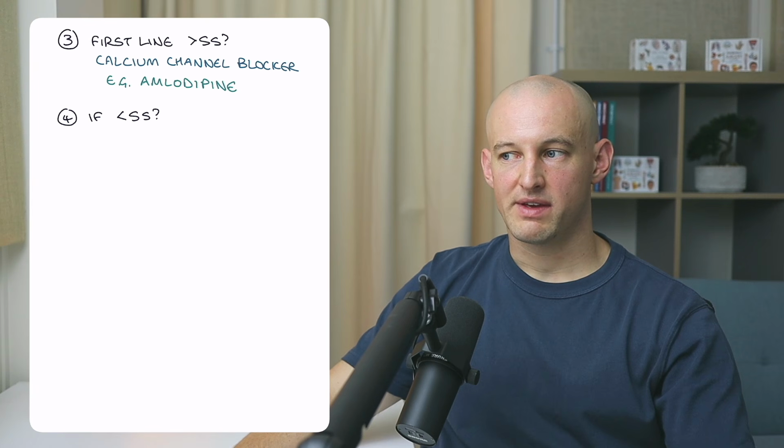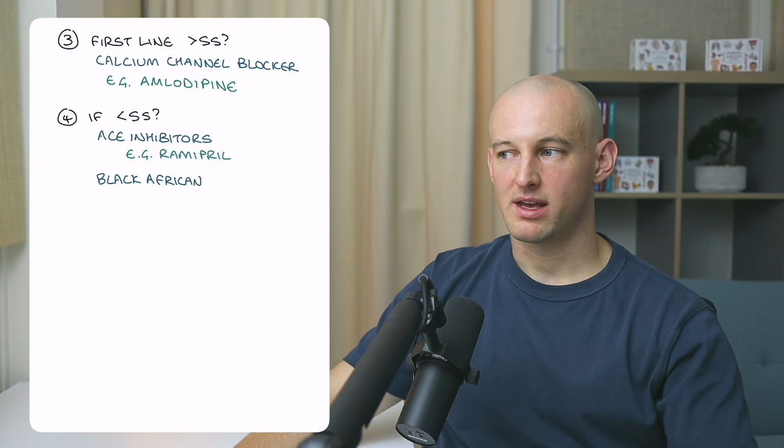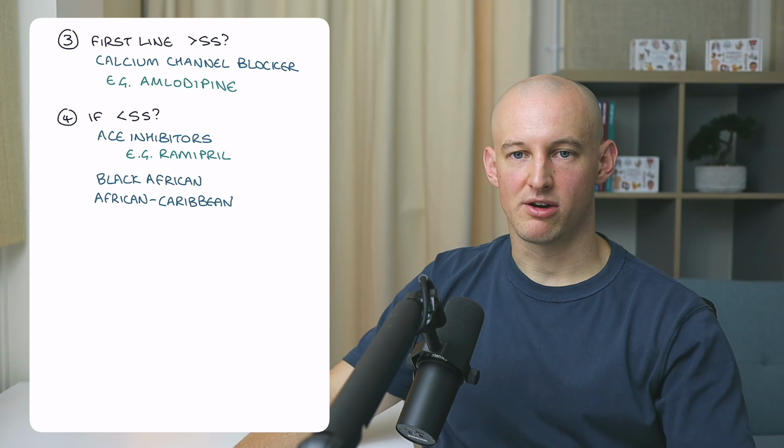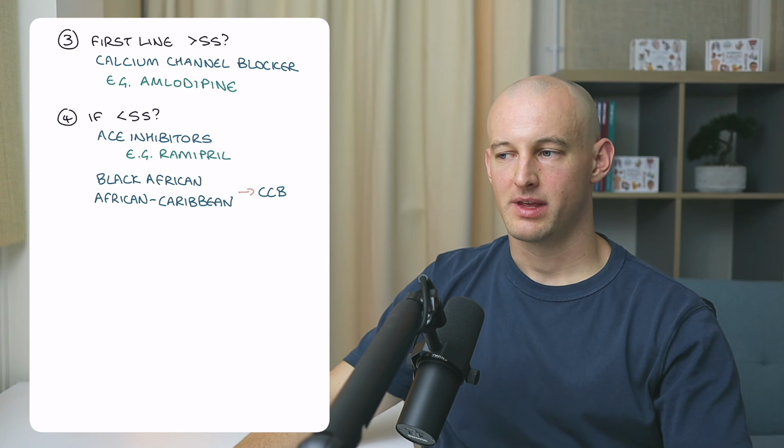First line, if they're under 55, is ACE inhibitors, for example, ramipril, except if they're Black African or African Caribbean family origin, then the recommendation is for calcium channel blockers.